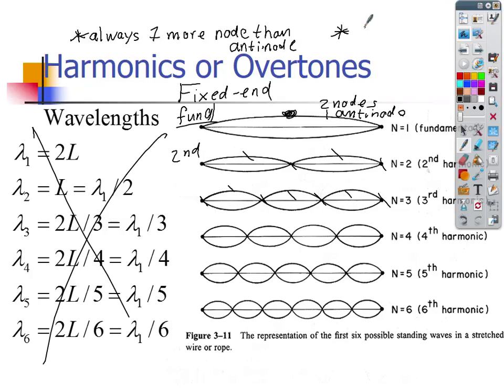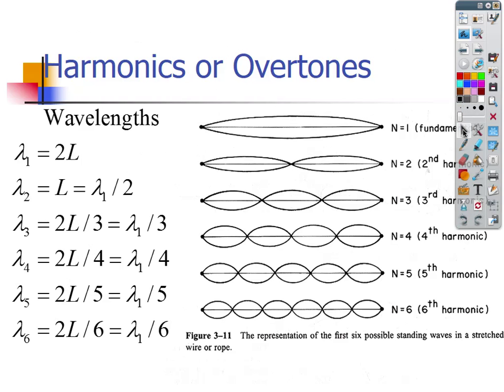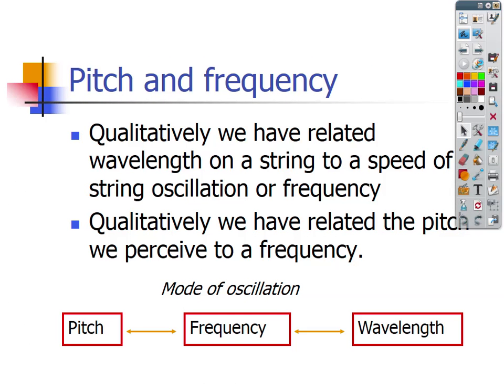Second, the number of antinodes is equal to the harmonic number in this situation. You can see fourth harmonic, 1, 2, 3, 4 antinodes. Fifth harmonic, 1, 2, 3, 4, 5 antinodes. It's something you can see really quickly and just go, hey, I know which harmonic number it is. All right? I think that's basically it.